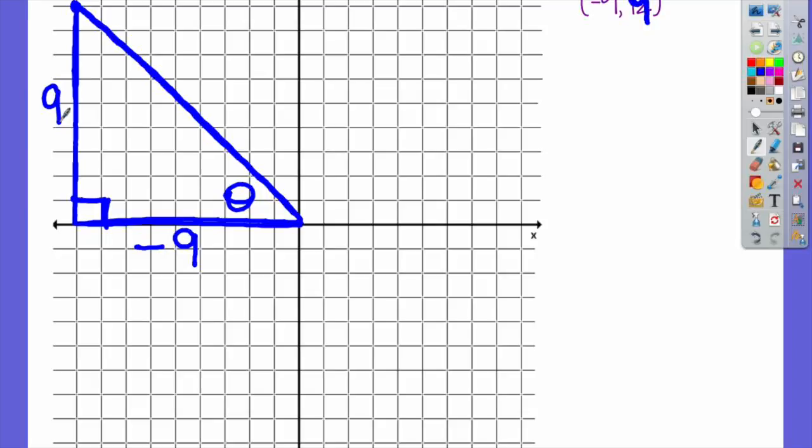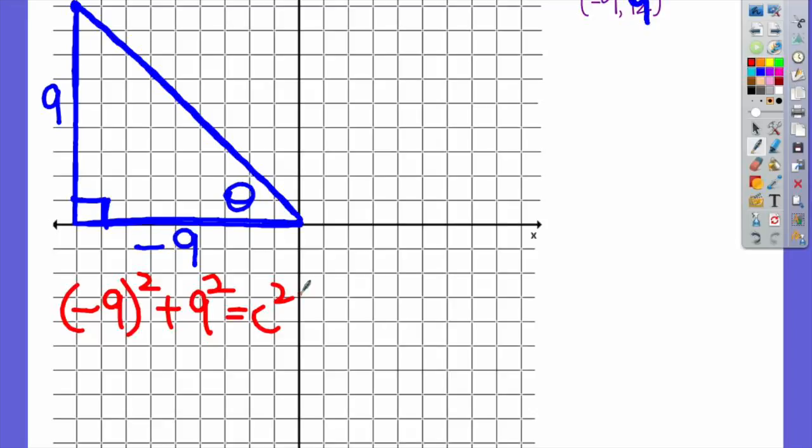Now step 4 says use the Pythagorean theorem to find the hypotenuse. Use one of the other quadrants to do all your work for the hypotenuse: first, fourth, or third. Negative 9 squared plus 9 squared equals c squared.